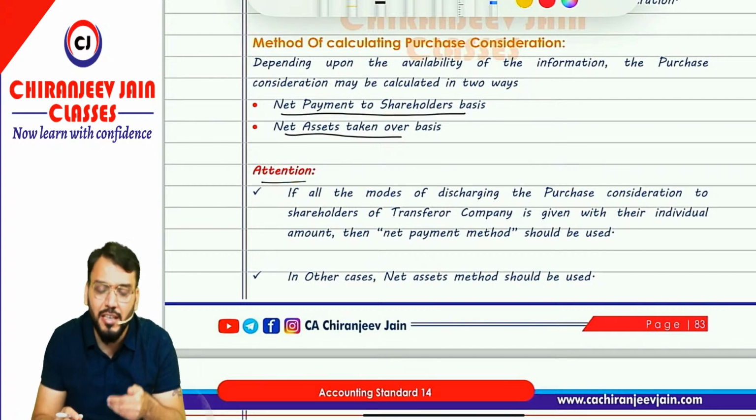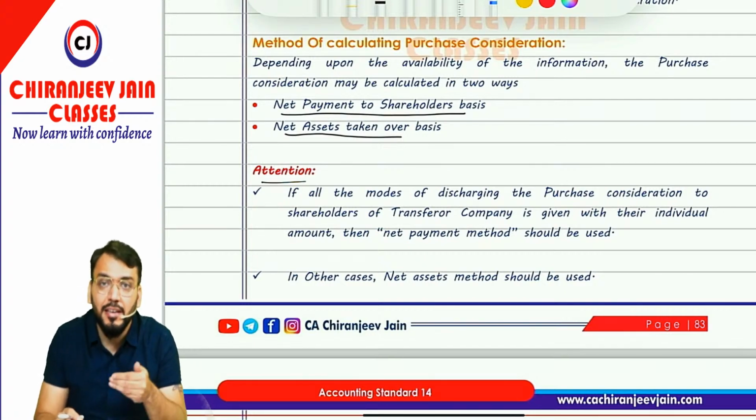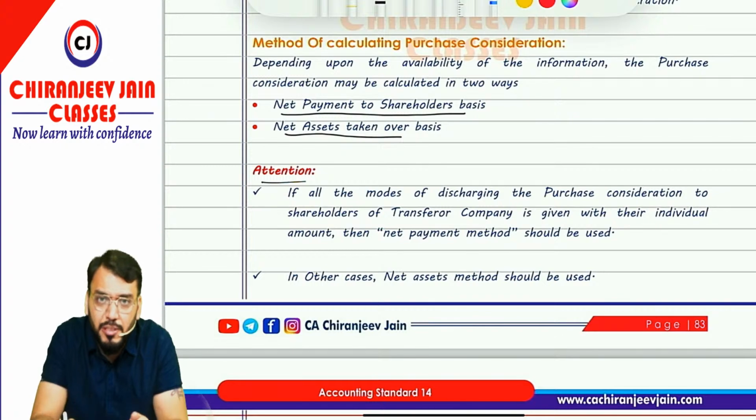Now let us understand how to use net payment method and then when to use net asset method. This is the more important point. In this question, if you wrongly calculate PC, then the entire accounting treatment, whatever you are doing in the books of transferee company and transfer company, will be wrong. So you need to carefully calculate the amount of PC.